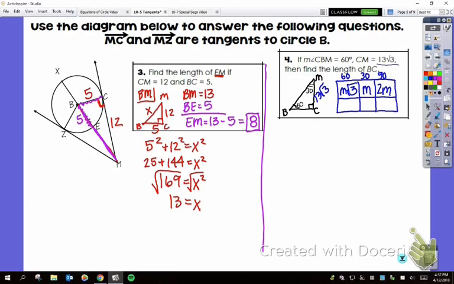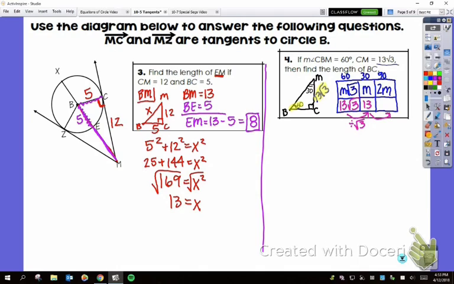So we have to figure out which piece they gave us, and they gave us this 13 square roots of 3, which is across from angle B, which is at 60. So we know that 13 square roots of 3 goes in our M square roots of 3 box. Now remember to go from M square roots of 3 to M, we are dividing by the square root of 3, which gives us just 13.